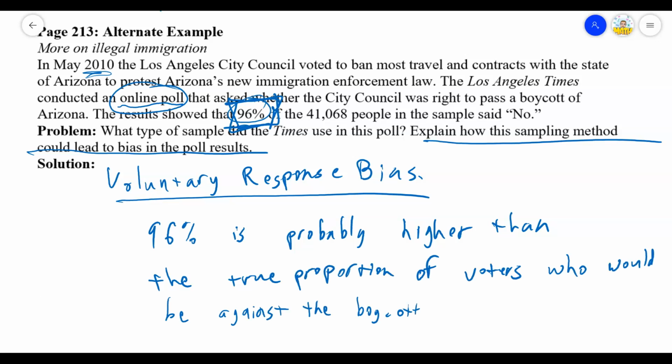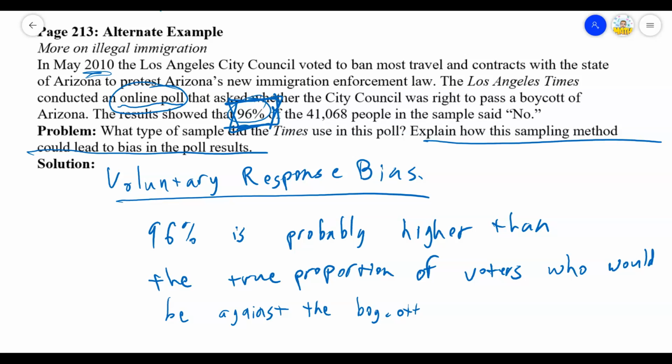That 96% number is probably higher than the true proportion of voters who would be against the boycott. People who feel really strongly about it are more likely to respond. We call that voluntary response bias. It's something that we want to pay attention to.